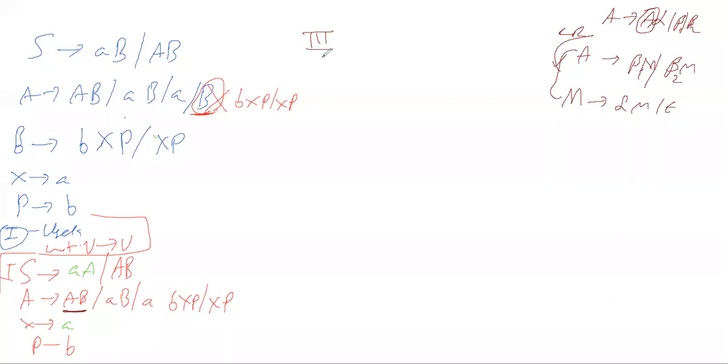Okay. So after removing left recursion, what will be the grammar? S implies A slash AB. Then A implies AB is creating an issue, so we should not write that. Remaining everything we will write as it is.